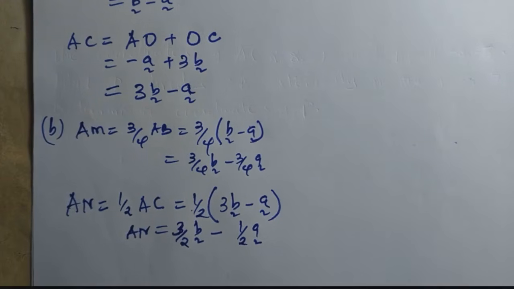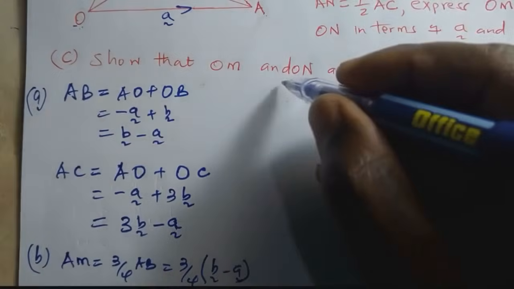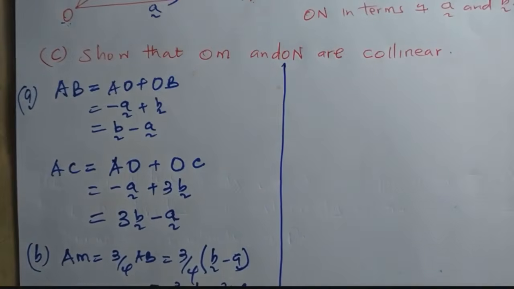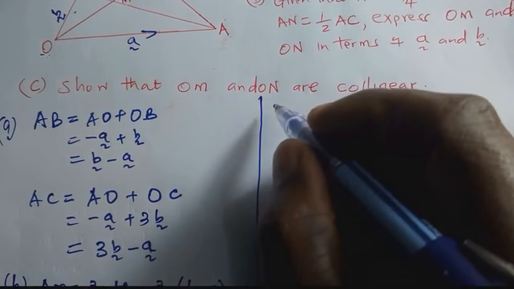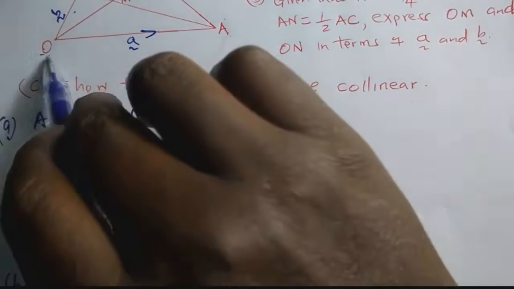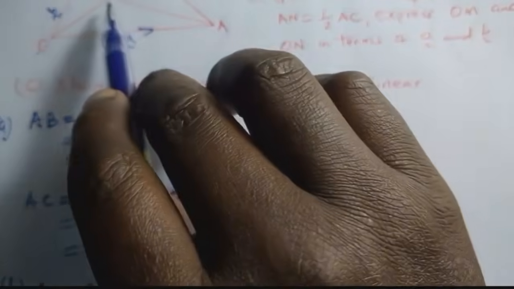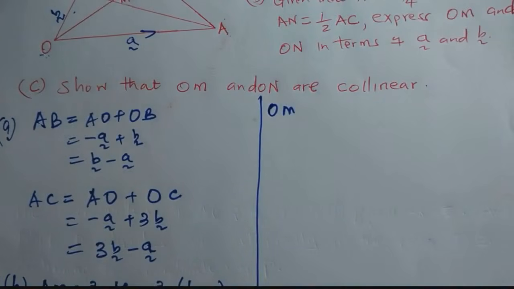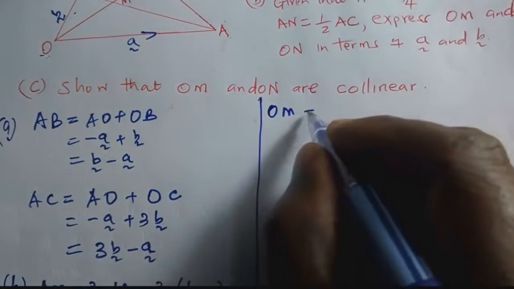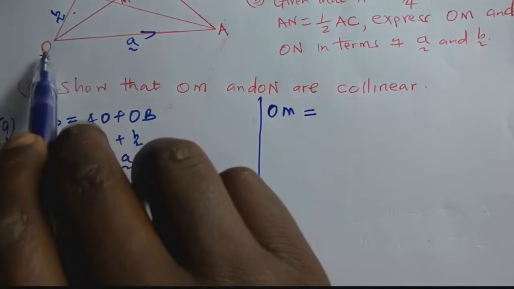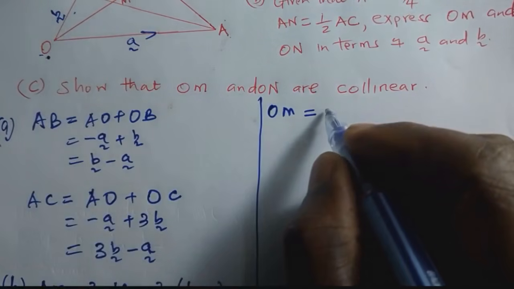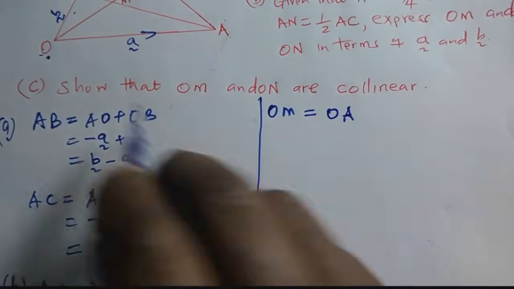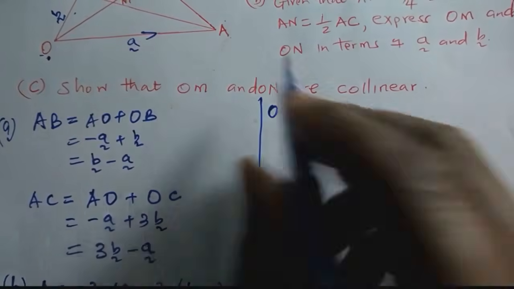Now, how do we get OM? So let's go back here. OM is equal to OA plus AM.